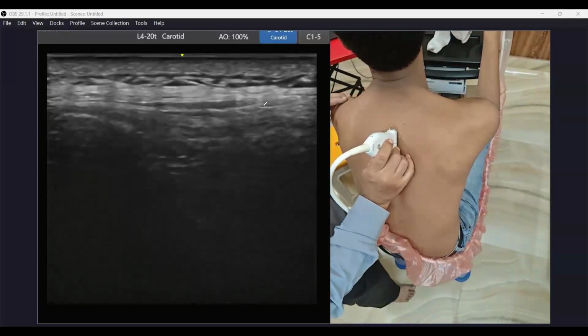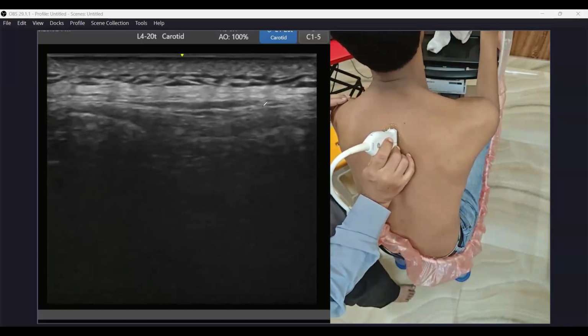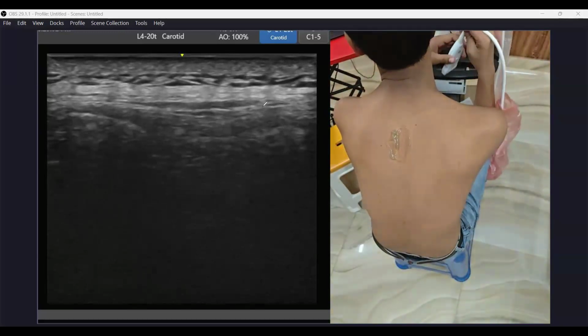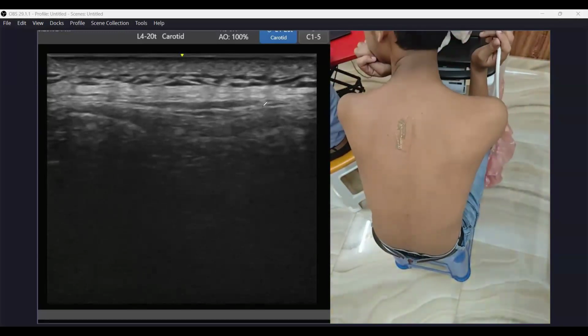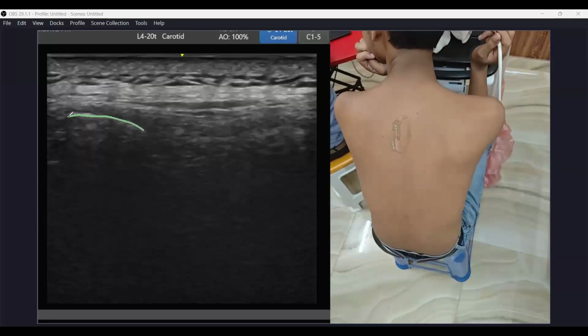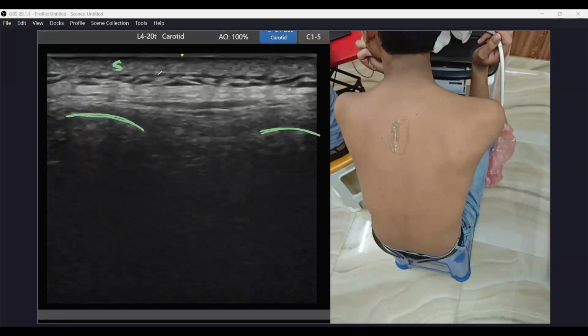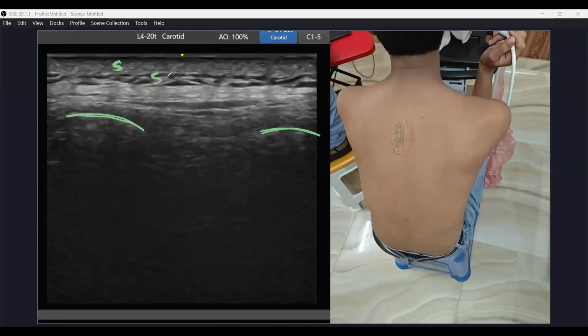Okay, so this is the midline view. So this much only we can see, the periosteum of the spinous process. Here this part is skin. This part is subcutaneous tissue or fat.